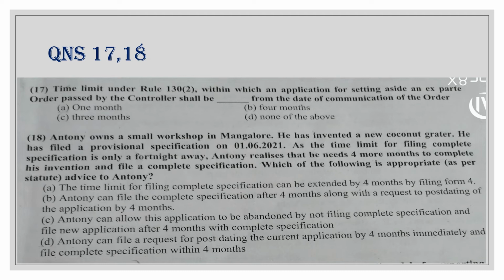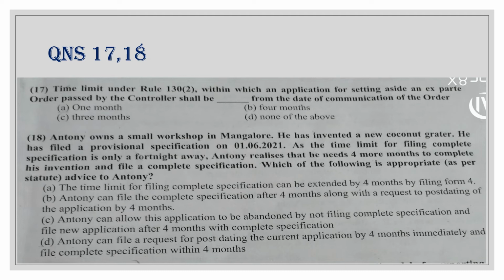I hope this much is enough. So please go through rule 130 subrule 2 and you can very well find the answer: 1 month is the correct answer, and here the correct option will be option A, that is 1 month from the date of communication of the order.